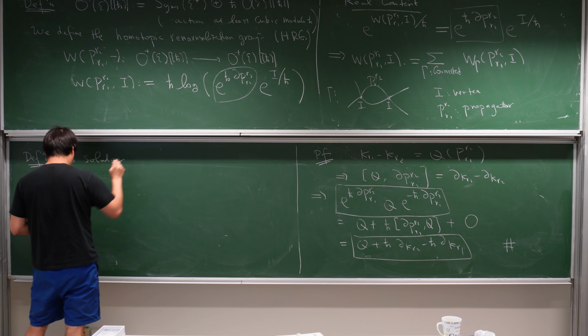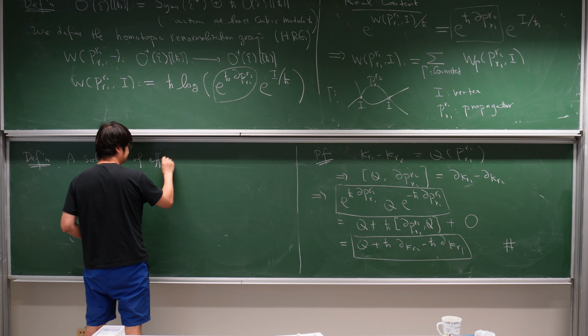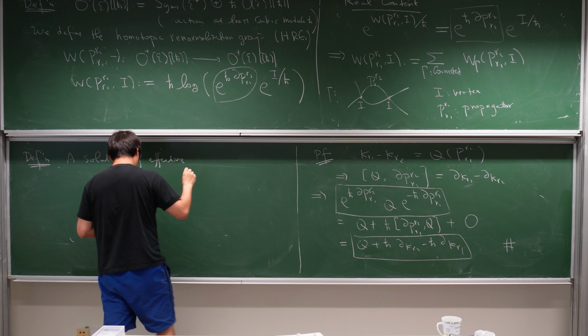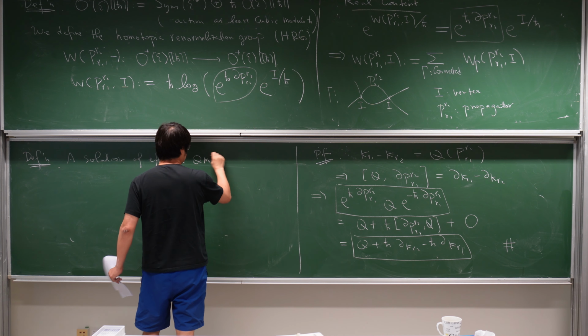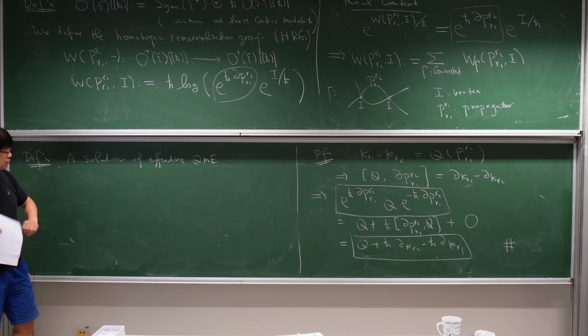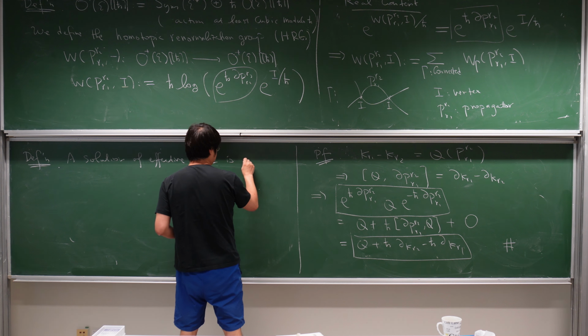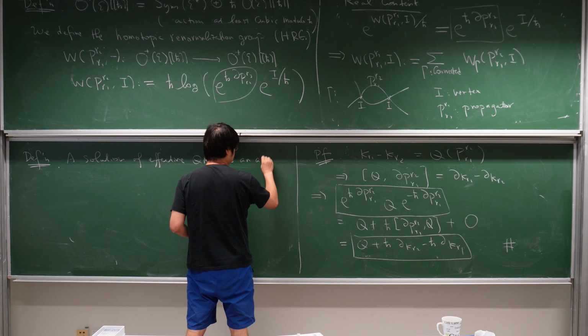So a solution of the effective quantum master equation. We don't have this notion for the toy model, and this is a notion that I write from this infinite dimensionality. It is an assignment.